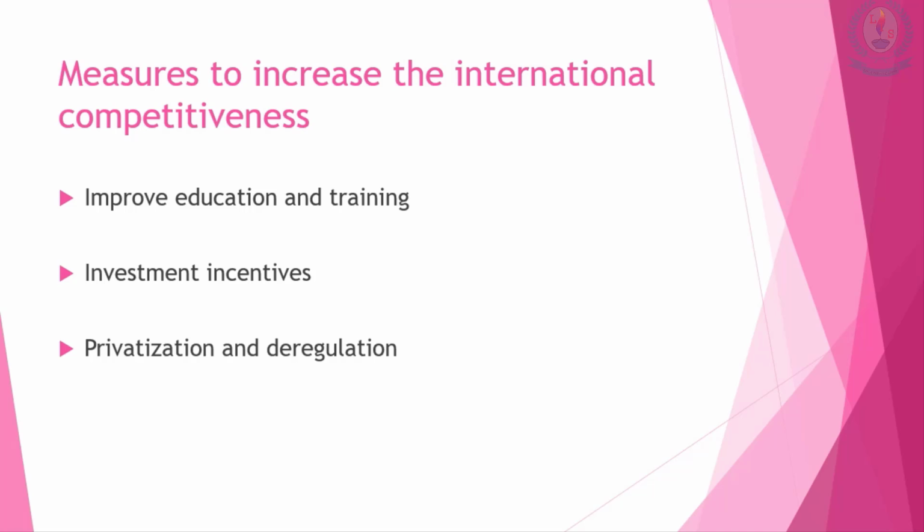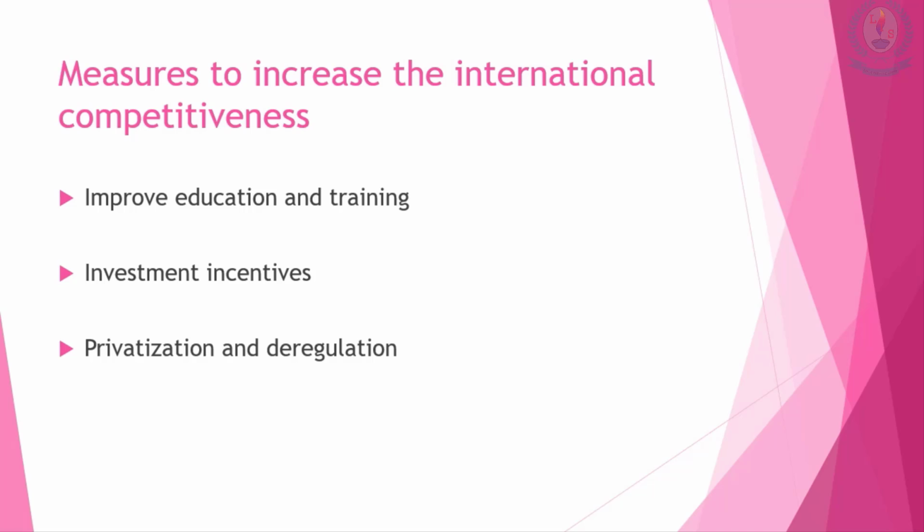Privatization and deregulation. Public sector firms are anyway known to be inefficient. So privatization and deregulation would ensure that the inefficiencies in the public sector corporations and the publicly owned businesses are no longer there, as they are given to the hand of the private sector.